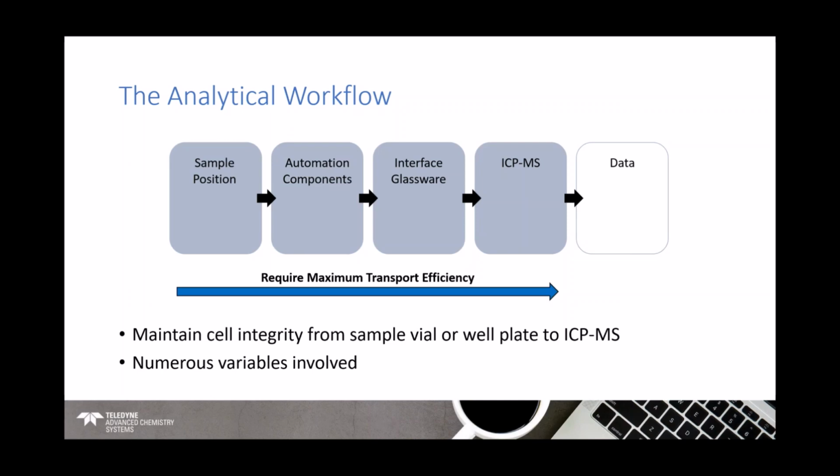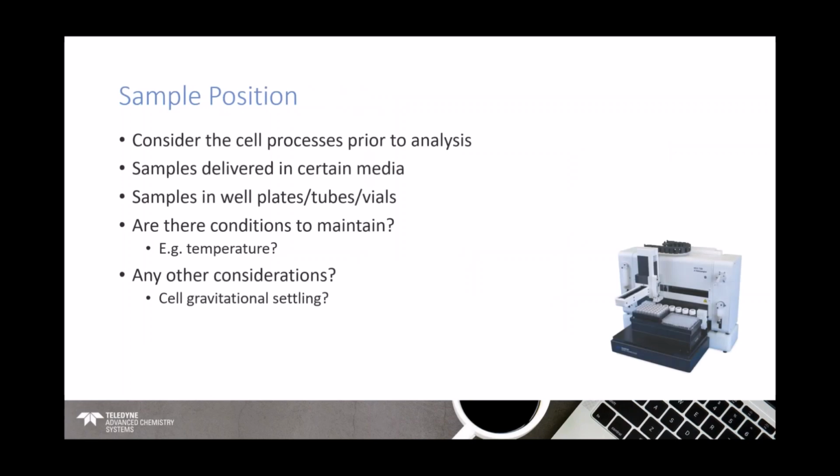So that's our workflow. Starting with the sample position, there's a number of things we need to consider here, because we're talking about cells that we want to be detecting. It's not as straightforward as just having cells racked up in sample tubes like you might have in some sort of water analysis. What we have to consider is that your cells might have been grown up in cell culture.